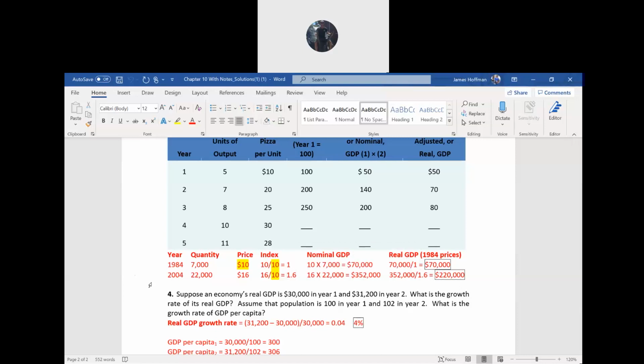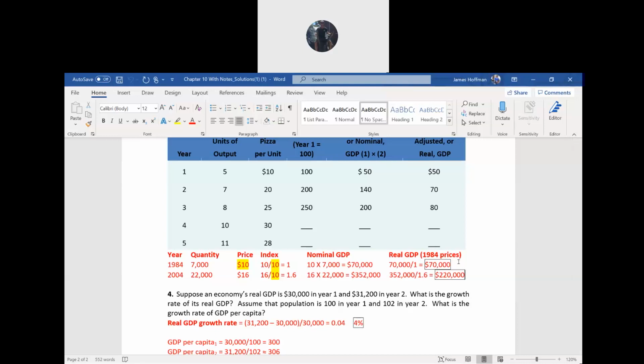So what we've done here is real GDP in 1984 in 1984 prices is 70,000, and real GDP in 2004 in 1984 prices is 220,000. All right, so now they're on the same base year. So this is the actual change in productivity.